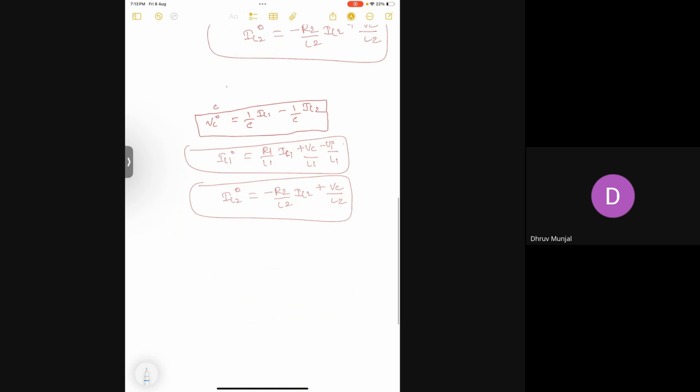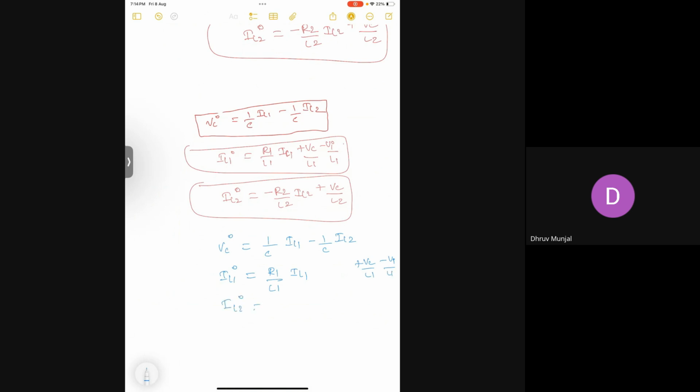Now I can write this in terms of state space representation. So this will be Vc dot equal to 1 by C IL1 minus 1 by C IL2. IL1 dot equal to R1 by L1 IL1 plus Vc by L1 minus Vi by L1.